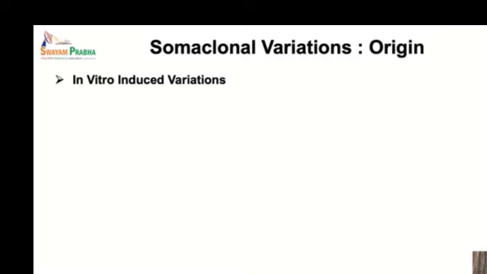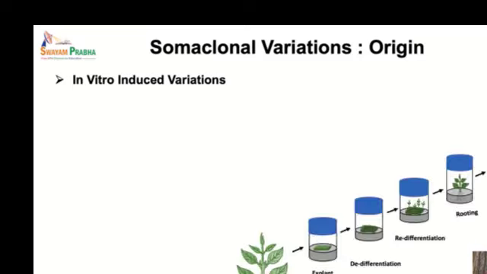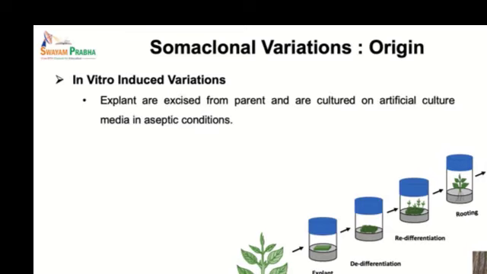By now, we have understood the in vitro regeneration process in previous lectures. We select the donor plant and suitable explant to initiate the cultures. The explant is excised from the parent plants and incubated on the suitable nutrient media in aseptic conditions.